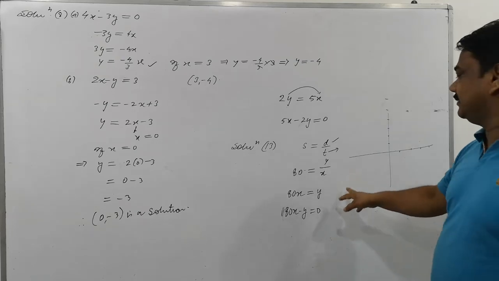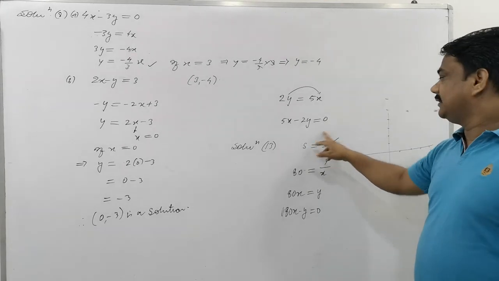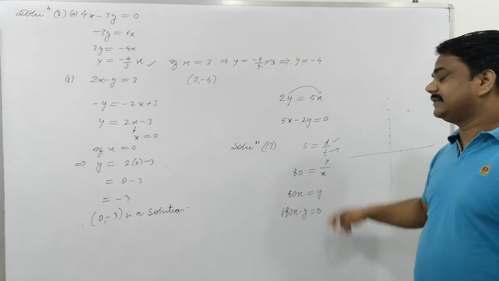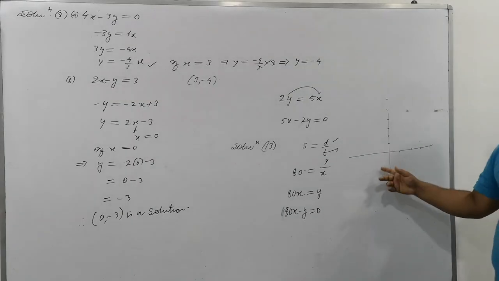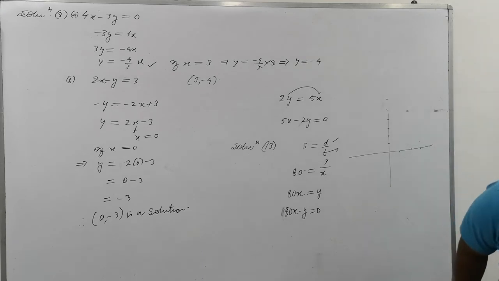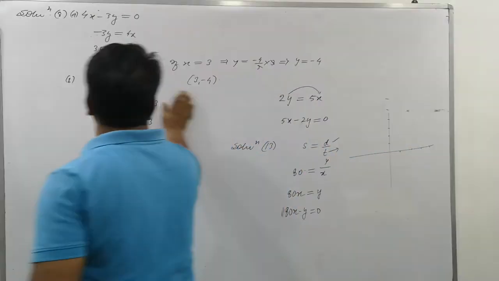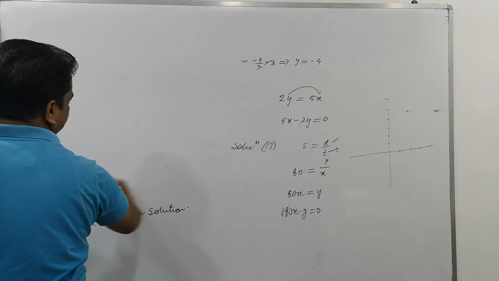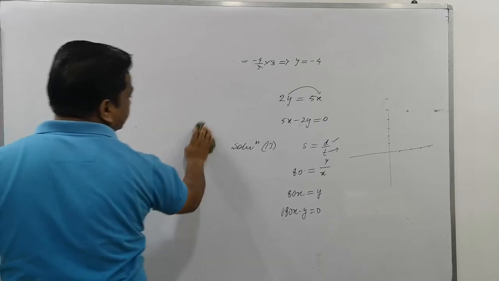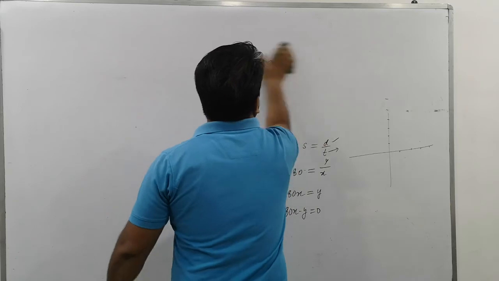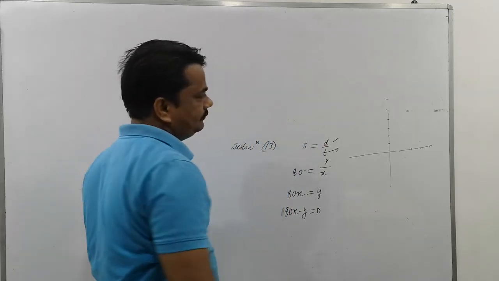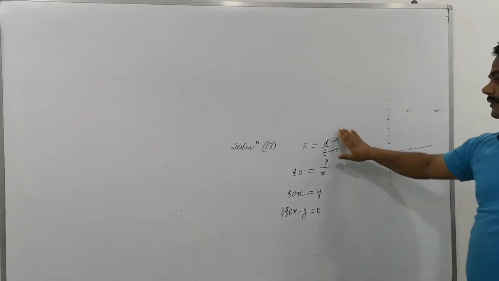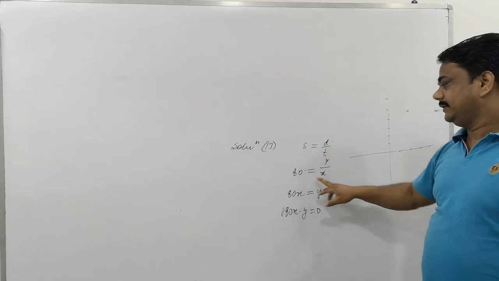You complete this solution. Note this down. Let the time interval be x and the distance be y. Then the equation is formed, and you have to represent it on the graph paper. Speed is equal to 80, so 80 is equal to y by x.